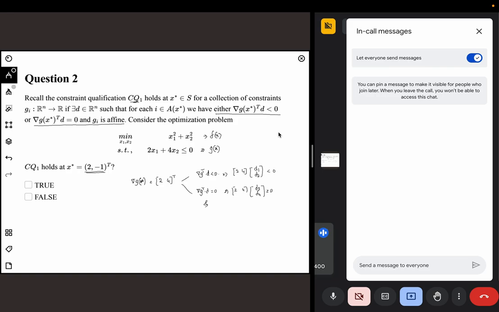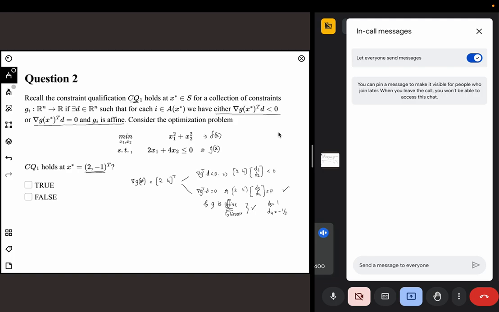And I also have to check whether g is affine. By affine we mean it is linear. This particular function is linear, so this is true. And can I find d3 d4 such that this is equal to 0? I can choose, say, d3 equal to 1 and d4 equal to minus half. I can choose this particular combination and then make this equal to 0. So this is satisfied.